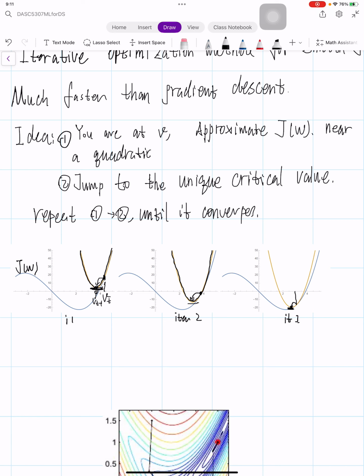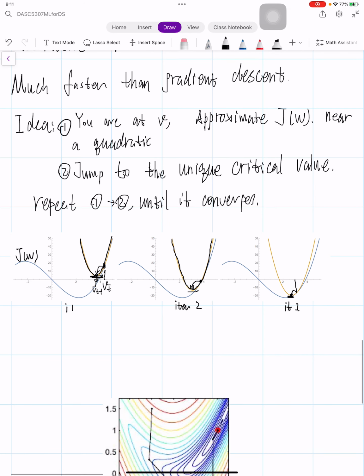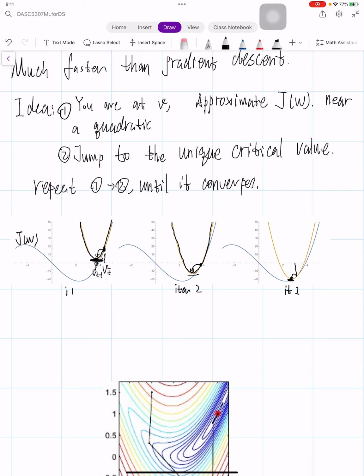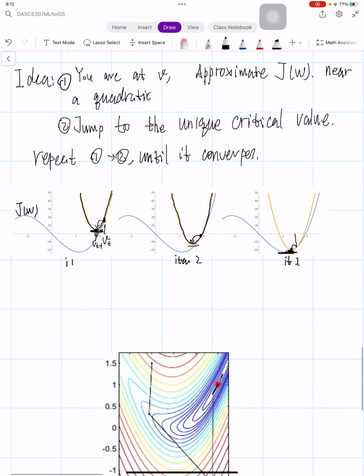Each brown curve is a quadratic approximation to J, and in each iteration we jump to the bottom of the parabola. By doing so, at each step we learn where the best optimum parameter is.